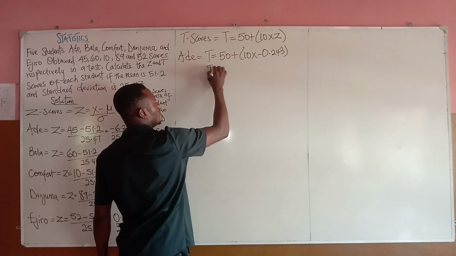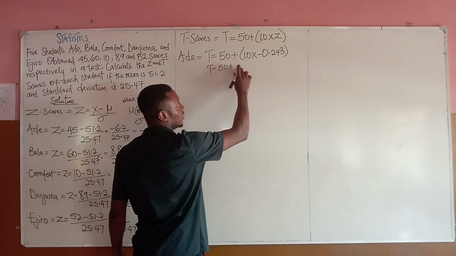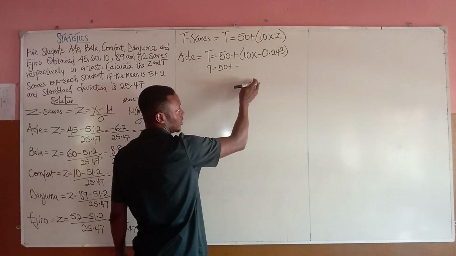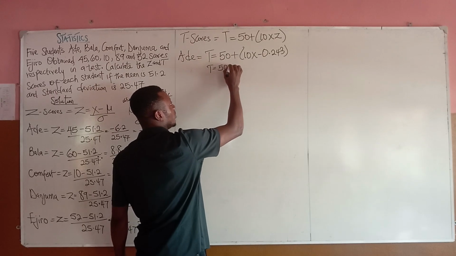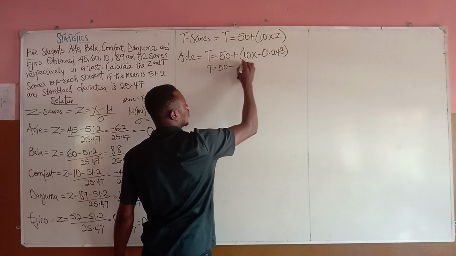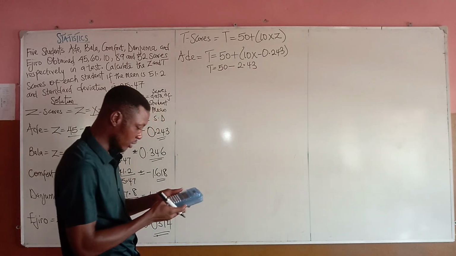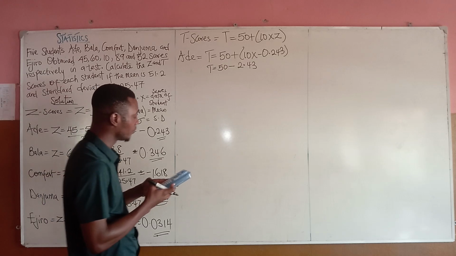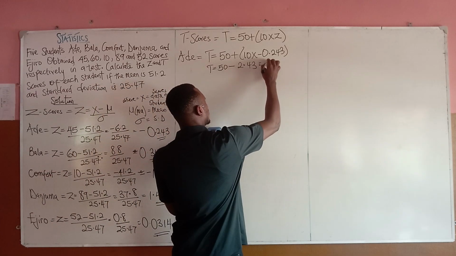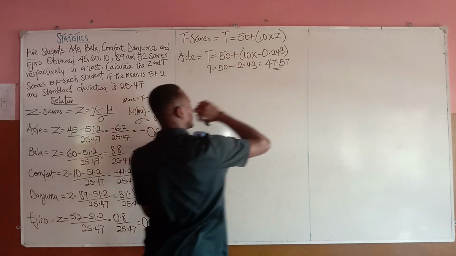So T will give me 50 plus minus, and in mathematics plus times minus is minus. Do we understand? So this will become minus, then the decimal moves to give me 2.43. So I have 50 minus 2.43, which will give me 47.57. This is the T score.